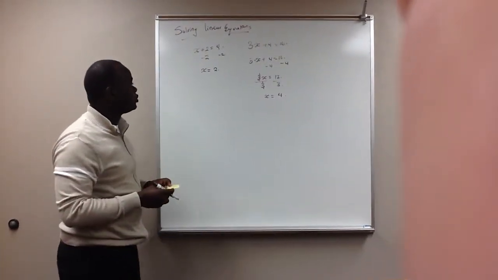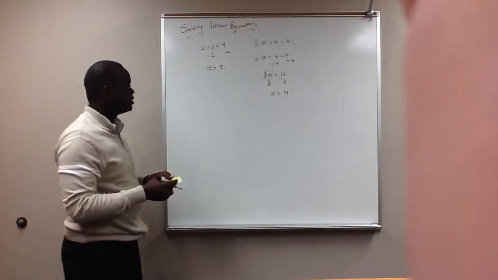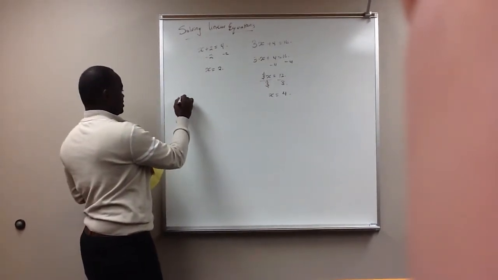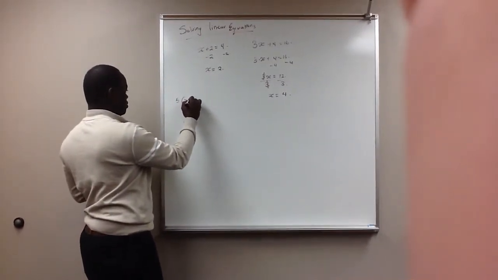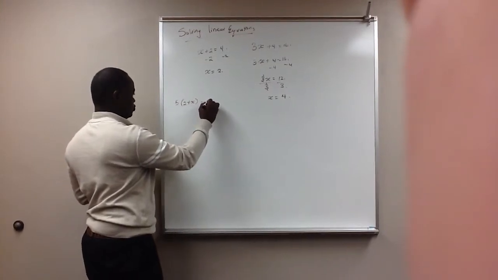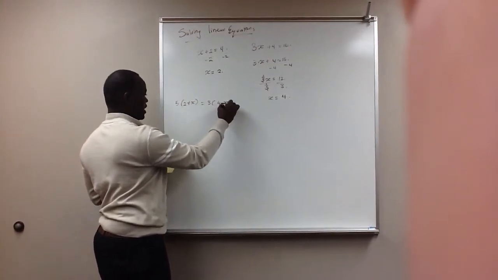Maybe to move on to a little bit more sophisticated problem, we have another example. 5 times the quantity 2 plus x equals 3 times the quantity 4 minus x.